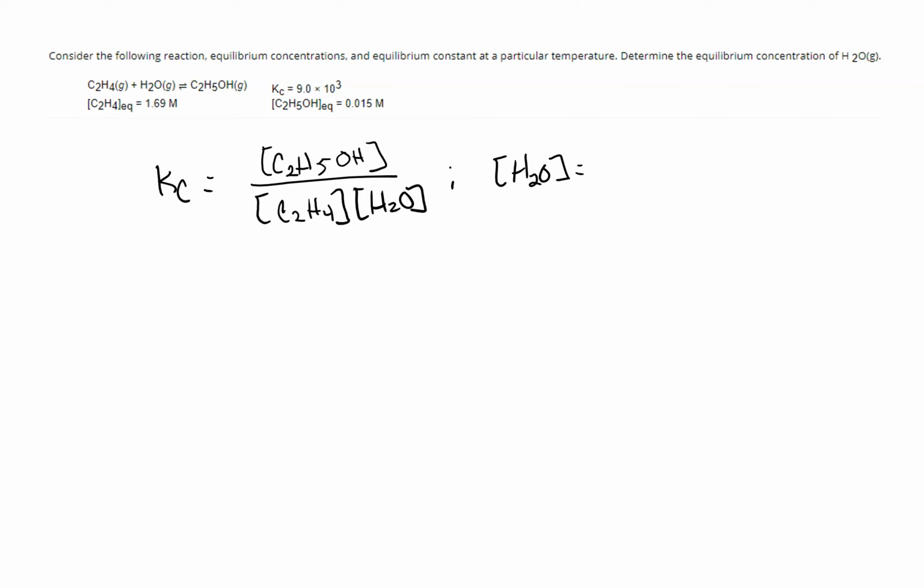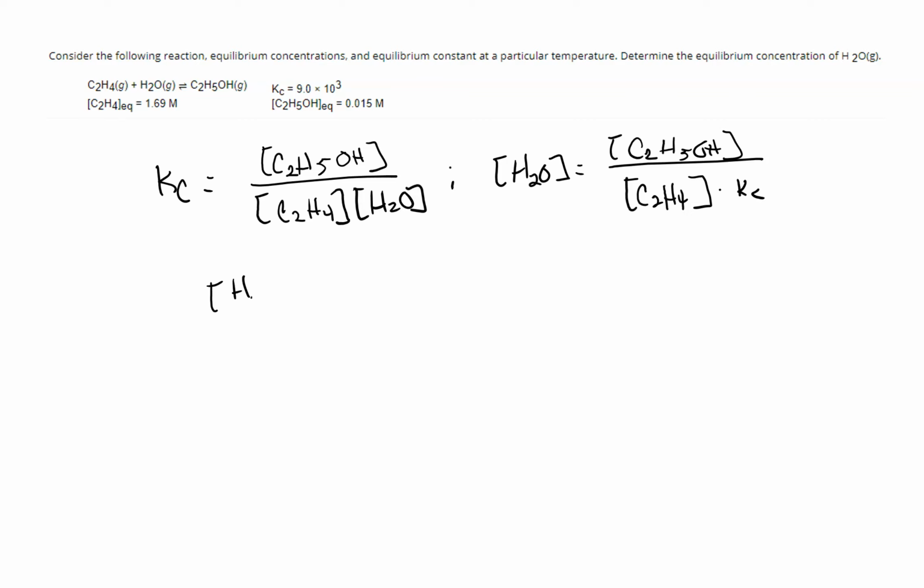Concentration of water vapor at equilibrium is going to be the concentration of ethanol at equilibrium over the concentration of ethane at equilibrium times our equilibrium constant. So let's substitute in here and solve.